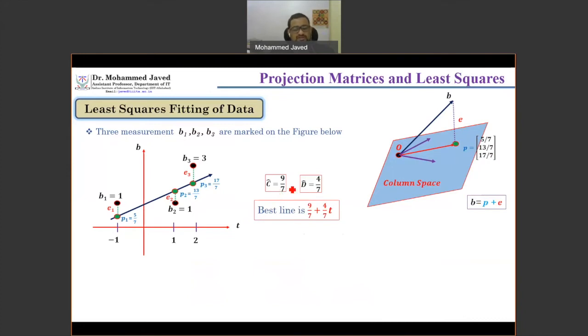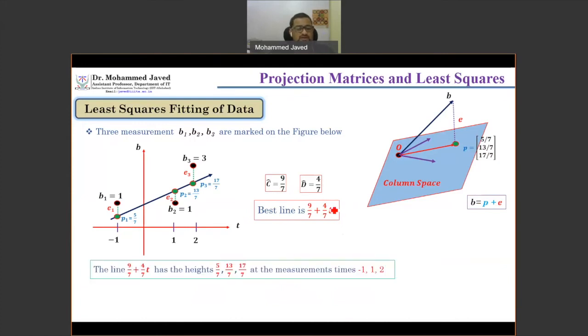Now in the previous slide, we got C cap and D cap as 9 by 7, 4 by 7. So the best line was represented by 9 by 7 plus 4 by 7 T. The line 9 by 7 plus 4 by 7 T has a height, and the height is the projection value.